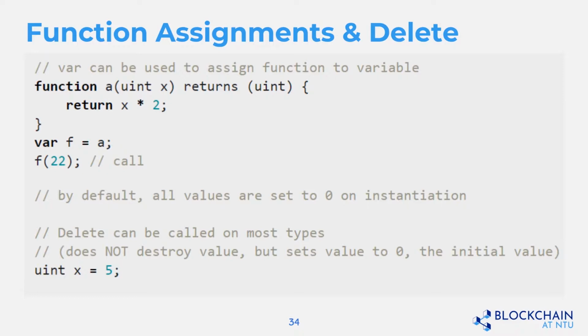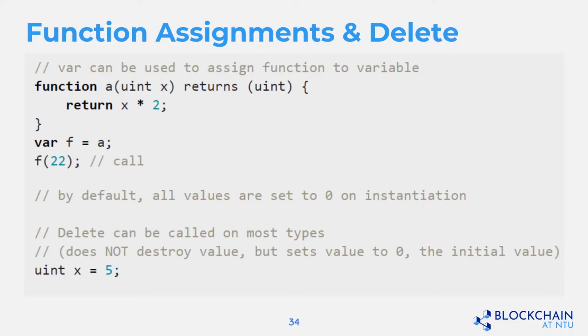Question: why does it return just unsigned integer, why is there only a type and not a particular variable? Good question. So the question is, for the input you have unsigned integer x, then when you return, why is it just unsigned integer?